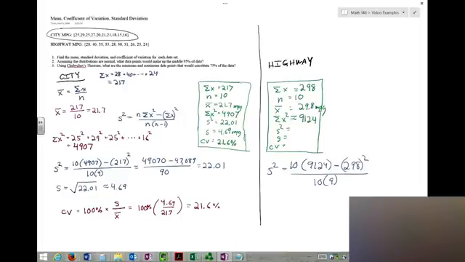So we have 91,240 minus 298 squared, that whole thing over 90, and we get 27.07, and then the standard deviation itself will be the square root of that. And we get 5.20.